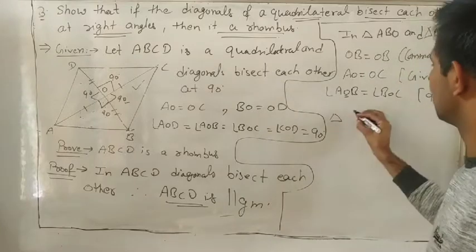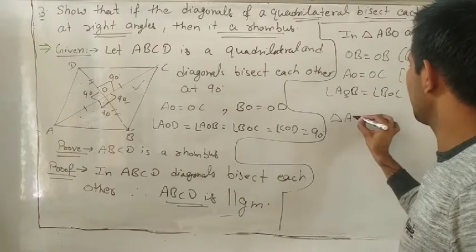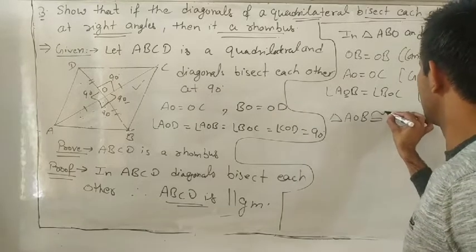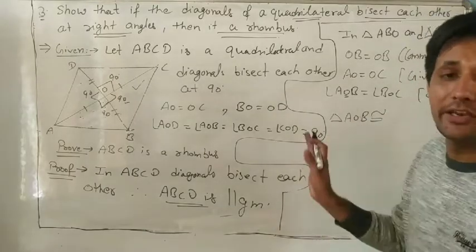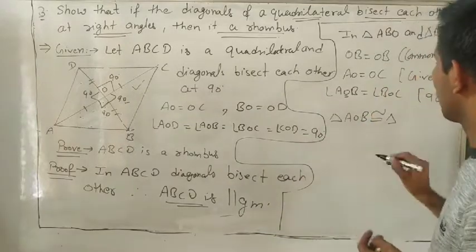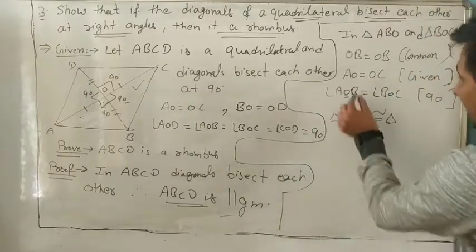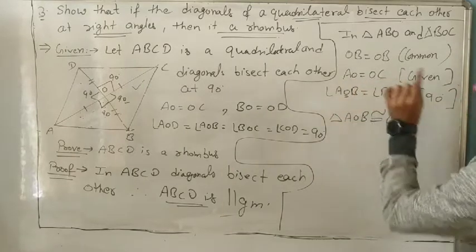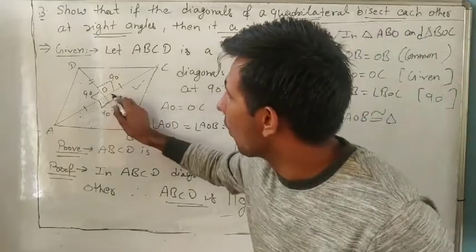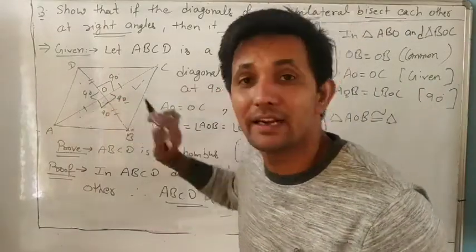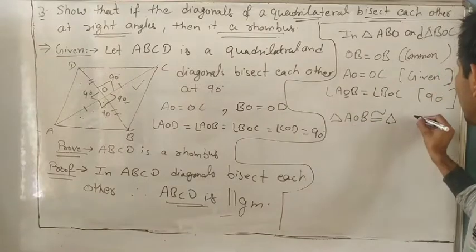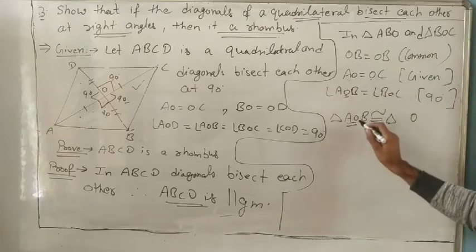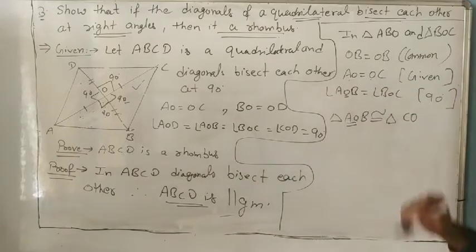Therefore triangle AOB is congruent to... The first triangle you can take in any order, but the second triangle you must always write in order. We check it. AO equals OC, and angle O in these two triangles is 90 degrees, so it is also in the middle. AO equals OC, but O is in the middle, so C will come first.